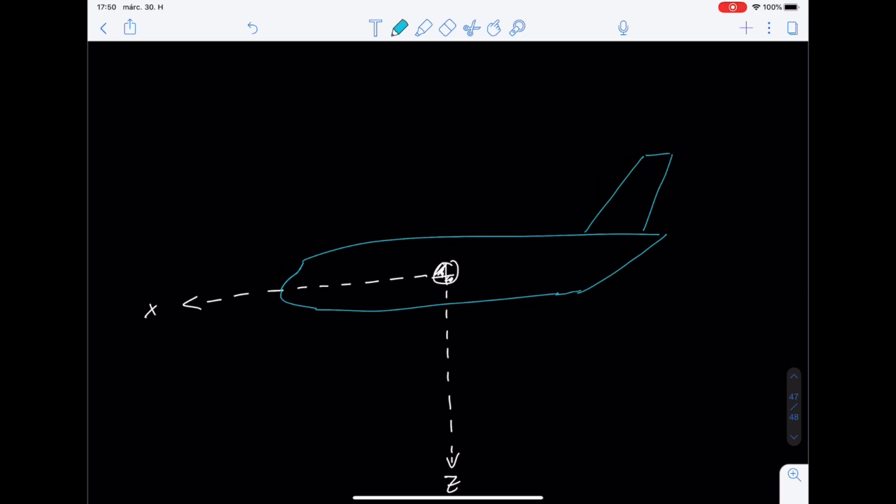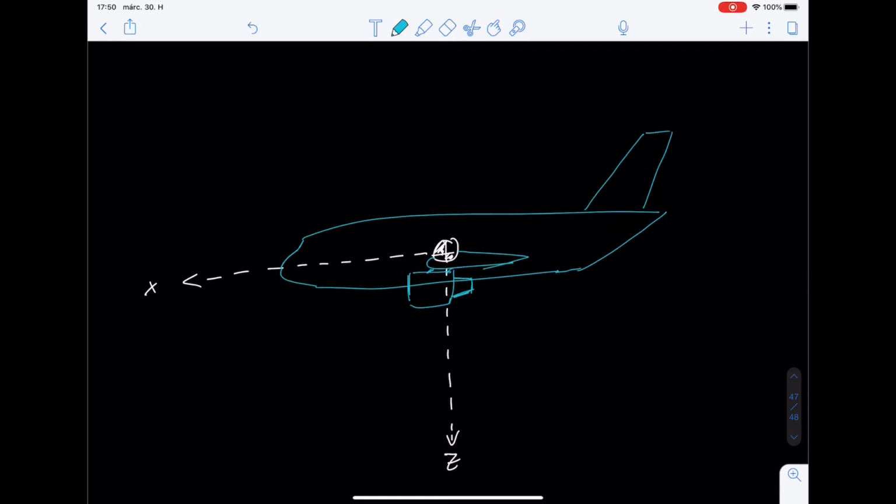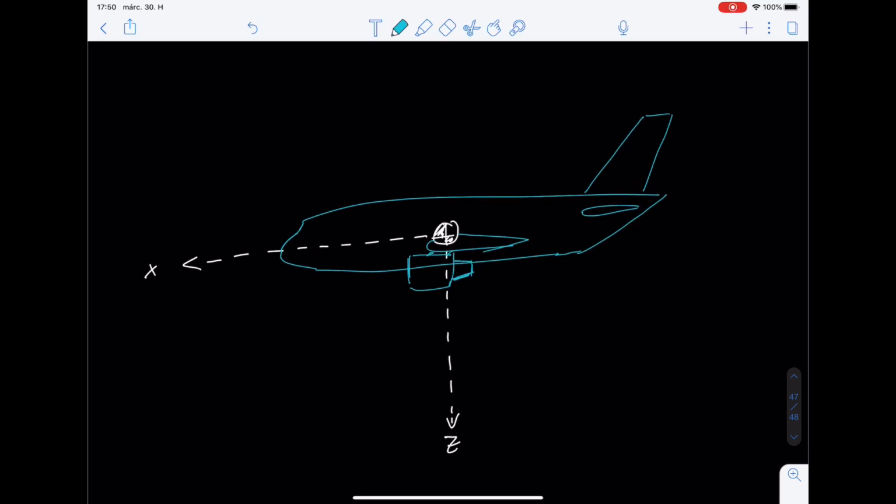So we're going to have a wing, and we're going to have an engine. Okay. And also, very important, a stabilizer.